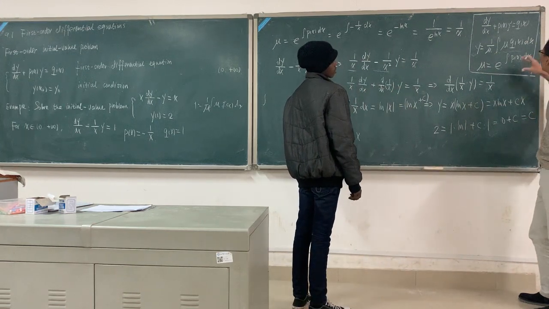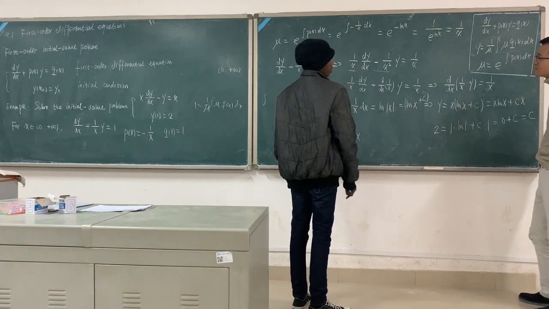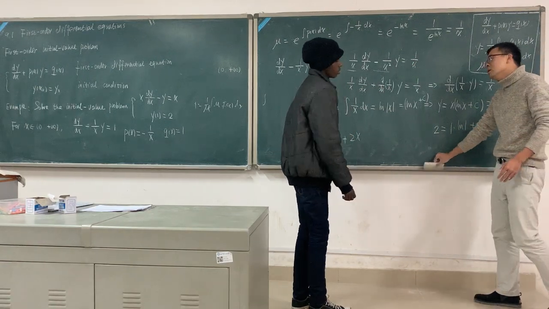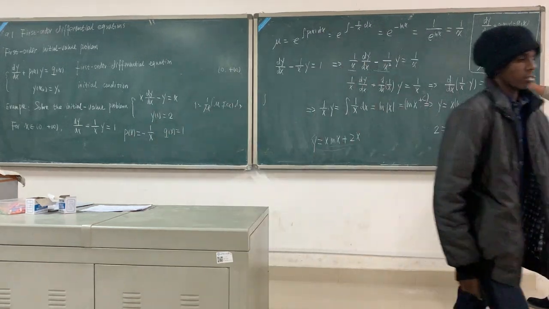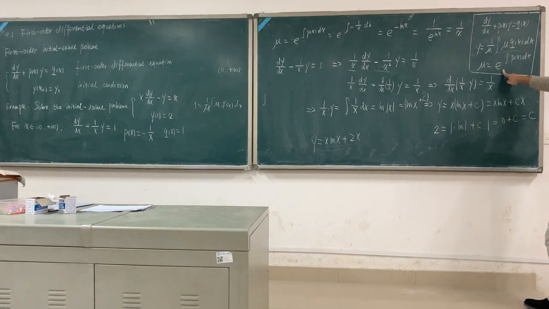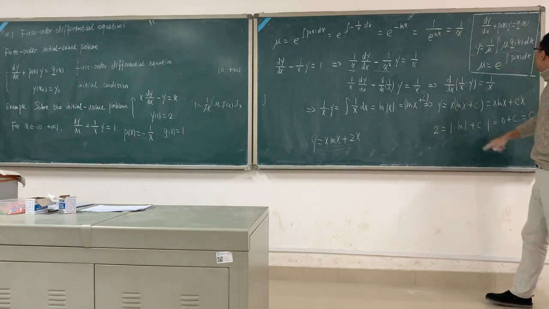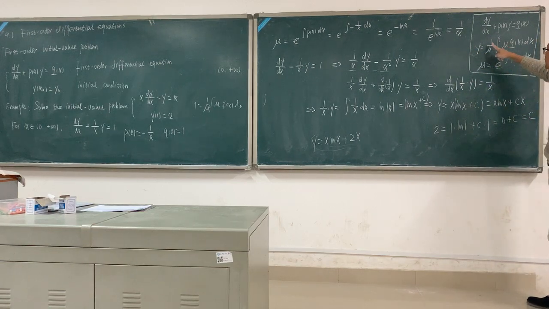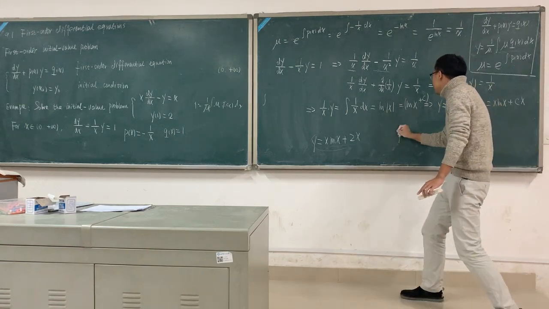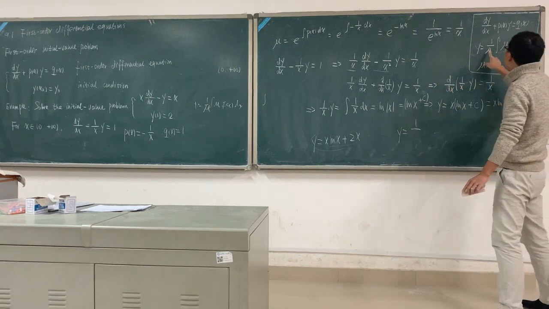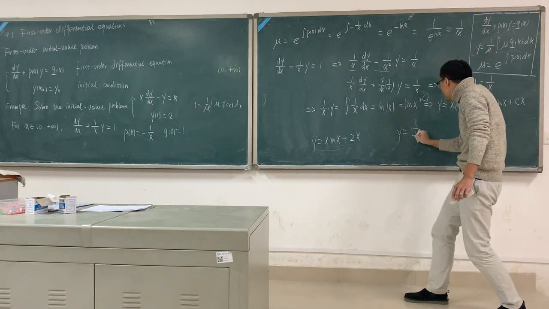So from here, first we compute mu. Mu actually is 1 by x. Then y equals 1 over mu, and mu is 1 over x, so here is 1 over x.